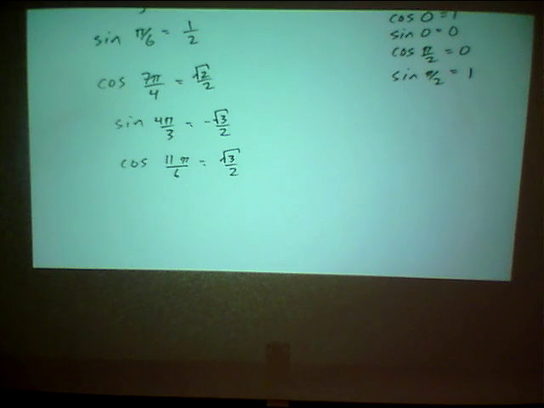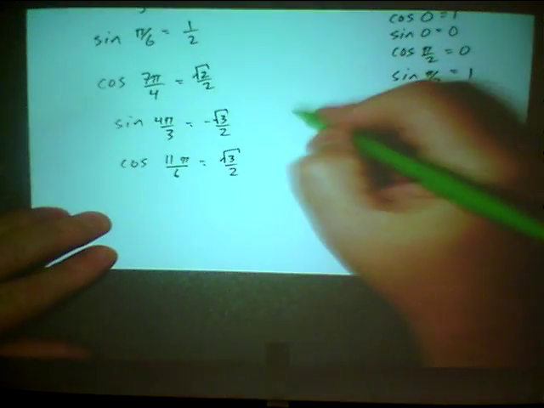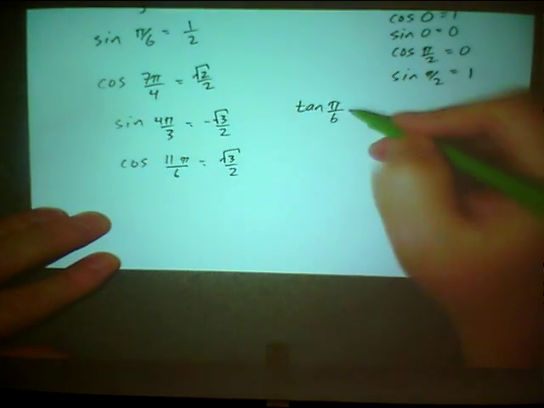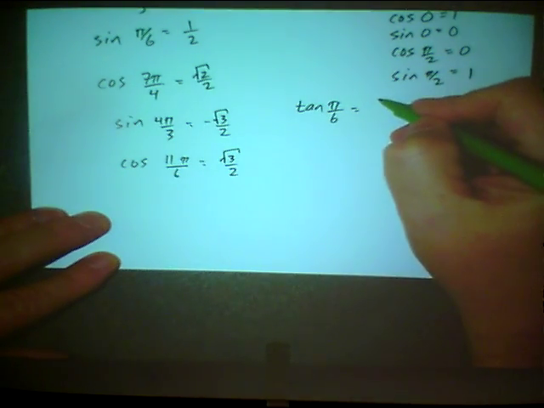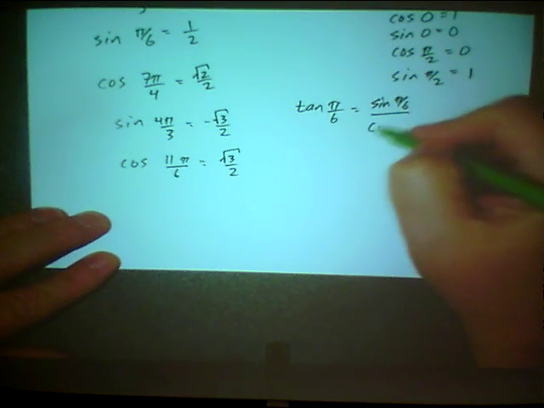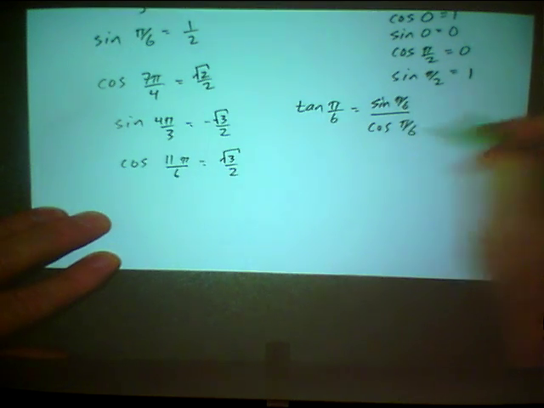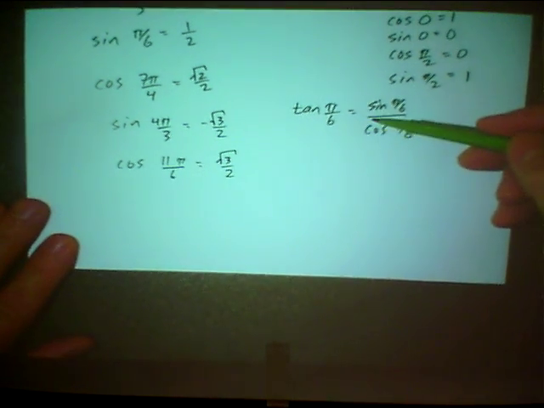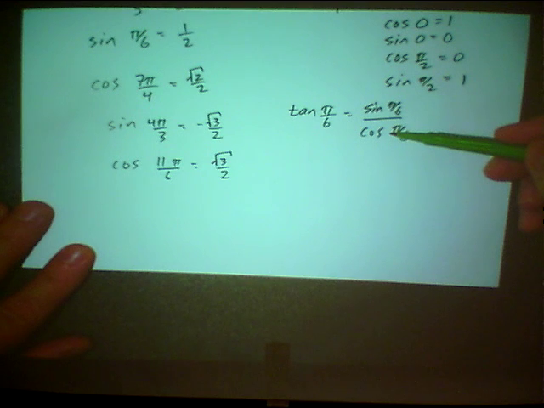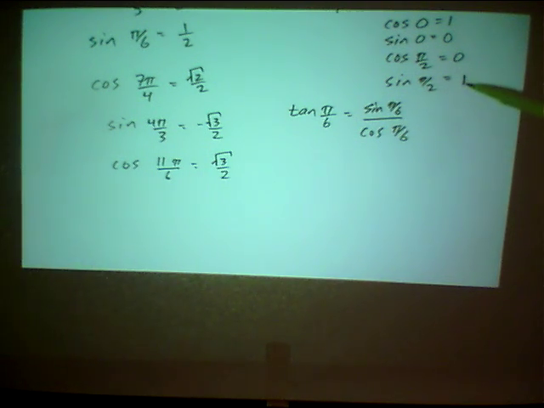How about if they say tangent of π over 6? Well, basically, what I do is, since I know the tangent is the sine over the cosine, I go to my unit circle at π over 6, and I write down what the sine is, which is going to be the value of y, and I divide it by the cosine of that point, which is the value of x. So π over 6 is in the first quadrant.